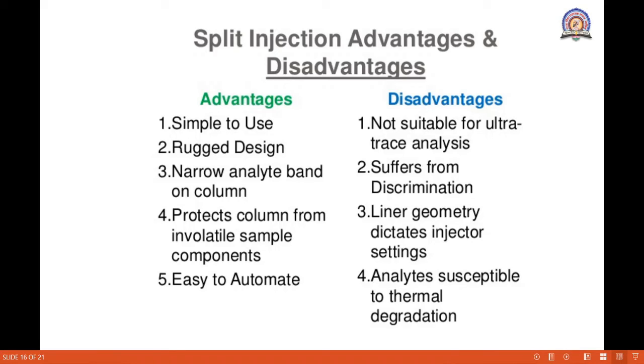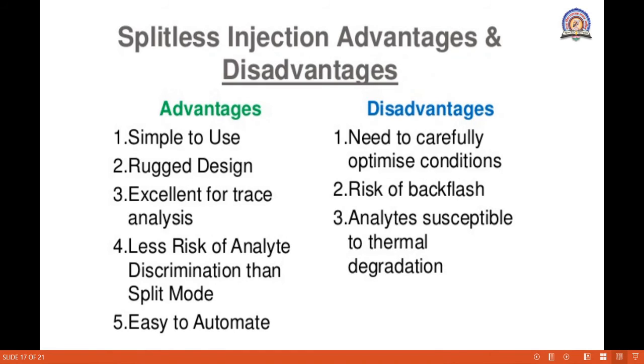Narrow analyte band on the column, protects the column from involatile sample components, easy to automate. And disadvantages are it is not suitable for ultra trace analysis, suffers from discrimination, linear geometry detects the injector system, analytes susceptible to thermal degradation.